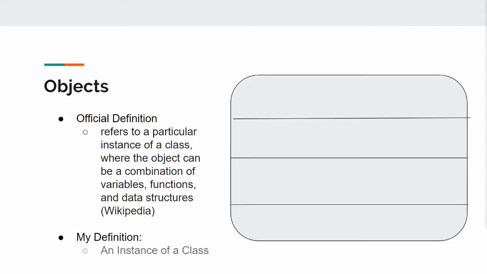My definition: it's an instance of a class. It's very short and quick, and it's using terminology that we should know, but it's very important to understand that these two go hand in hand. Without a class, an object is not going to be formed, and without an object, the class kind of has no meaning. Why have a definition of something that will never exist?